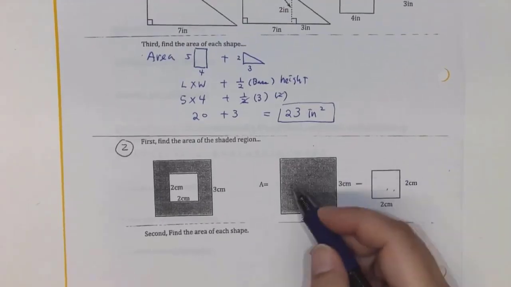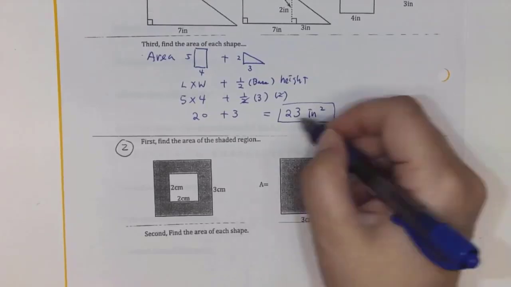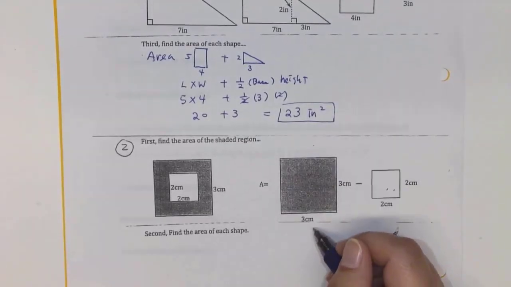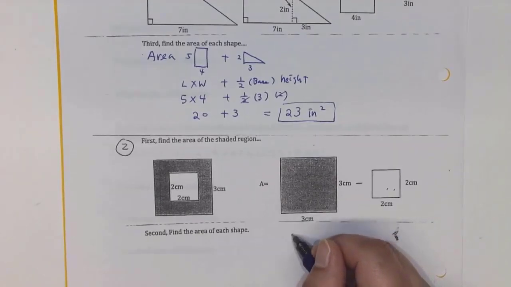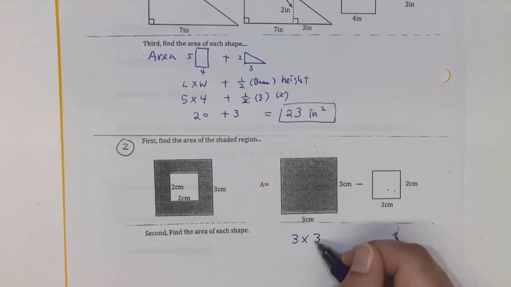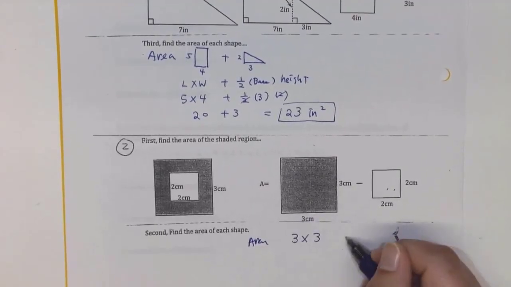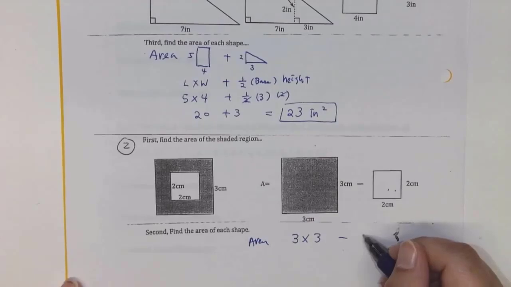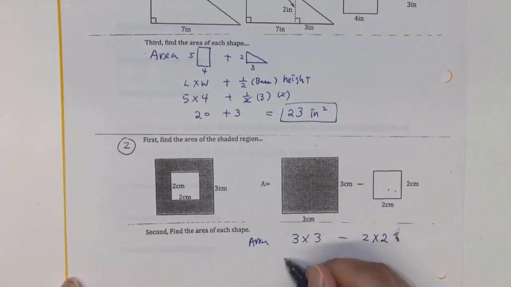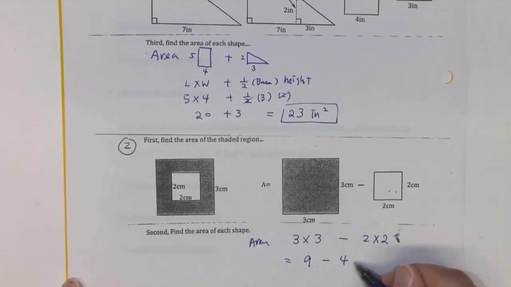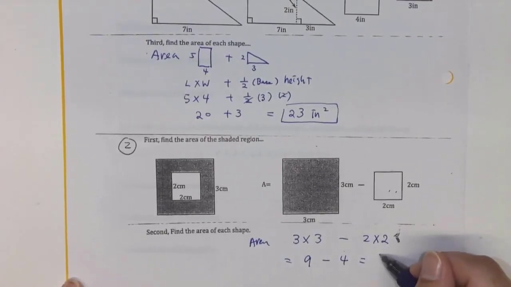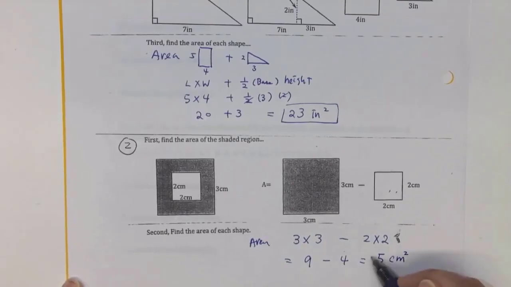So on the homework, you can draw this and then tell me how do you find the big area? 3 times 3, subtracting 2 times 2. 3 times 3 is 9, minus 4, together we have 5 centimeter square. Are we okay?